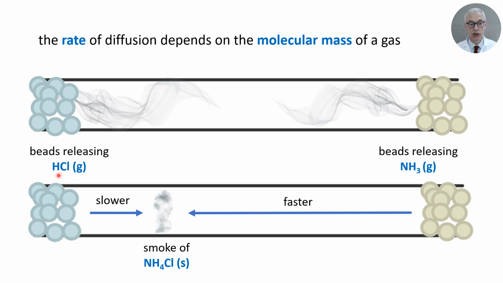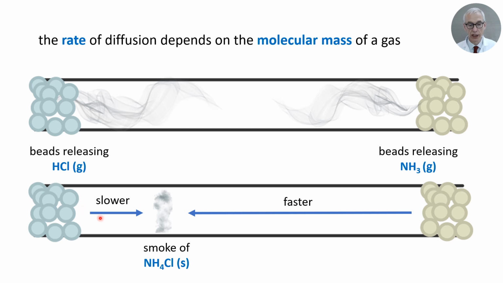So hydrogen 1, chlorine 35.5 comes to 36.5 for the relative molecular mass. Ammonia, nitrogen 14, hydrogen times 3 is 3, so it comes to 17. Ammonia with the smaller relative molecular mass will move faster.